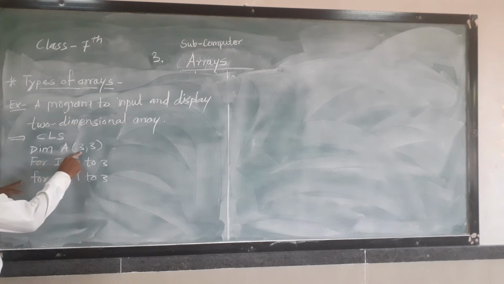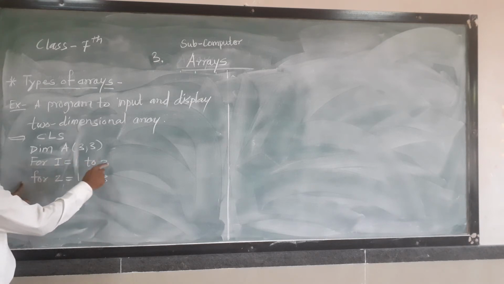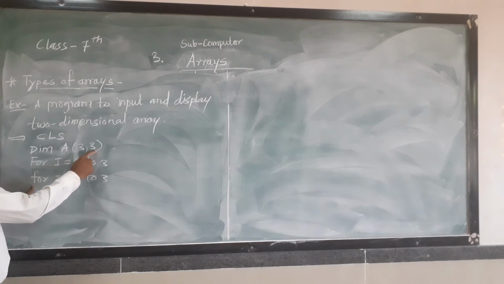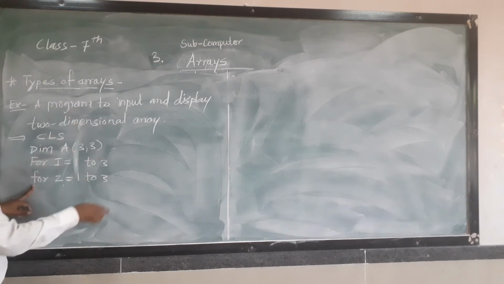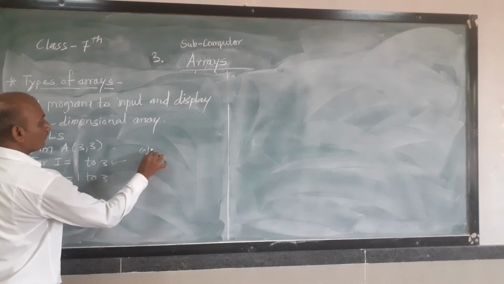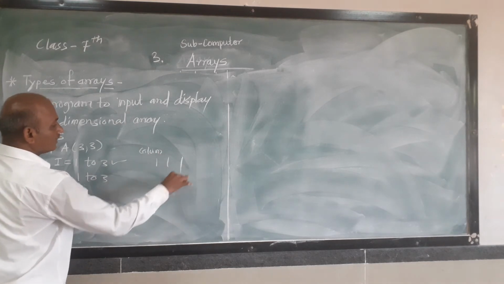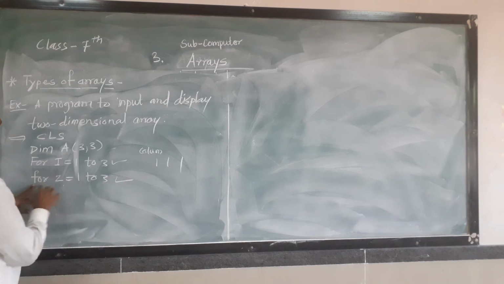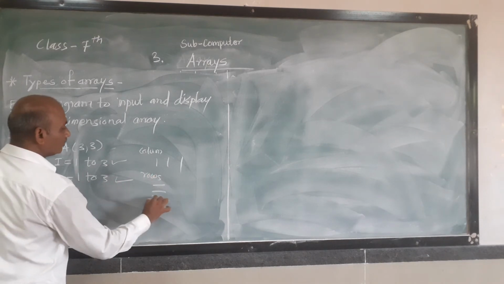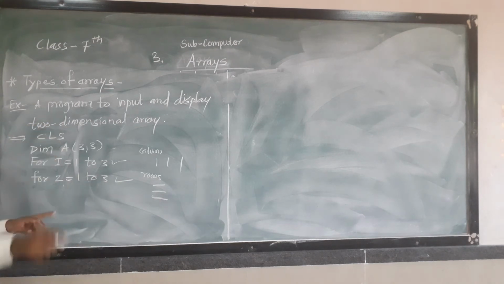We have to rotate the first for the column, 1, 2, 3, and this FOR loop is for the rows, 1, 2, 3. In this way the loop is moving.